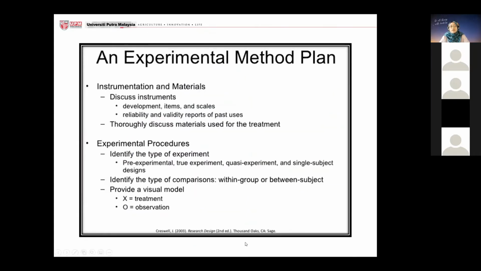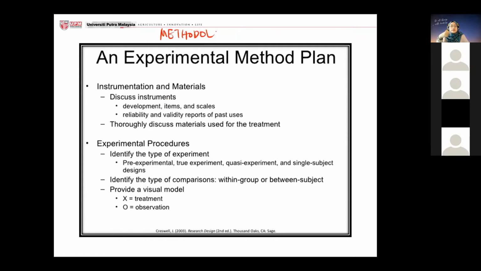Right. So very quickly on this, okay, just to show you the differences. So if it's an experiment, okay, experimental method plan, okay, your instrumentation and materials should be about the instruments. Okay. Oh, by the way, this is on methodology.